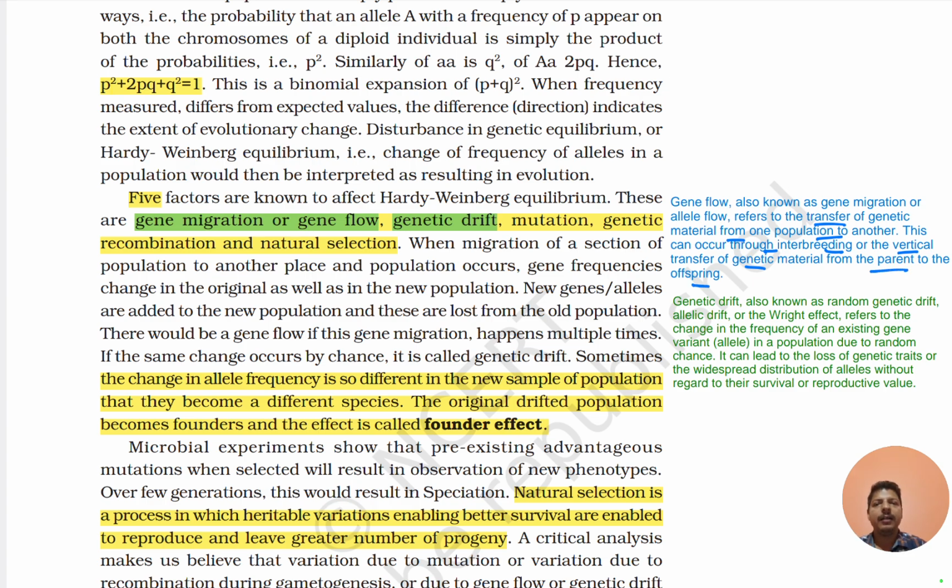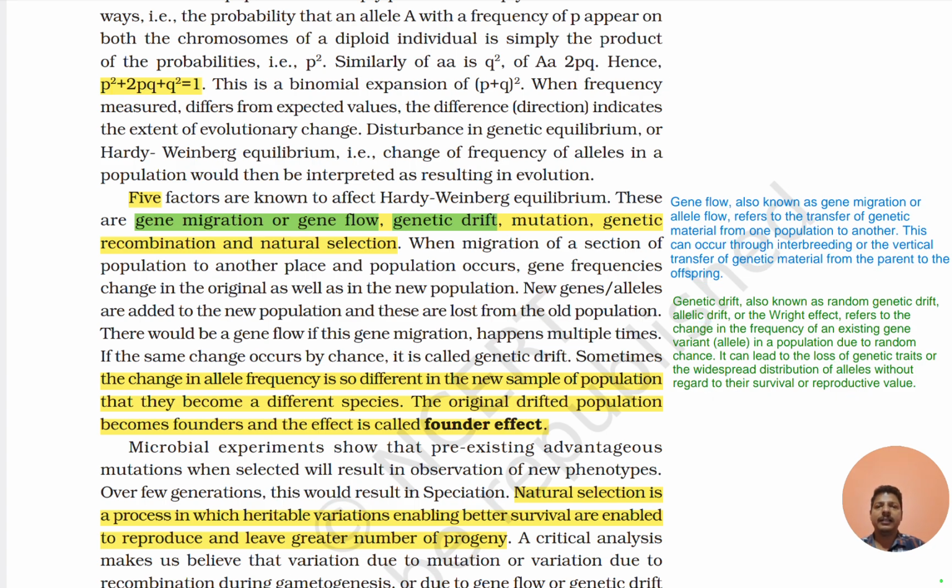Genetic drift, also known as random genetic drift, allelic drift, or the Wright effect, refers to the change in the frequency of an existing gene variant in a population due to random chance. It can lead to loss of genetic traits or the widespread distribution of alleles without regard to survival or reproductive value.